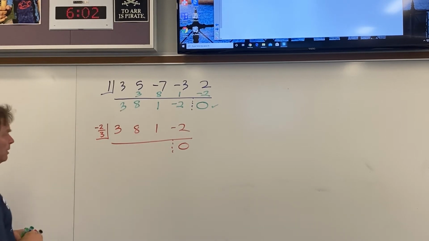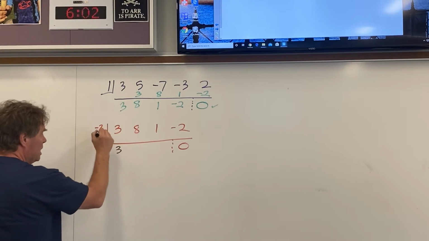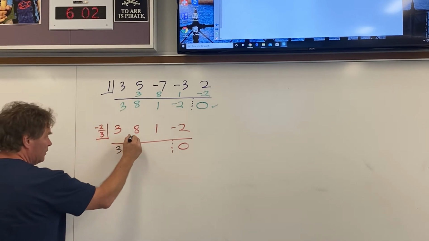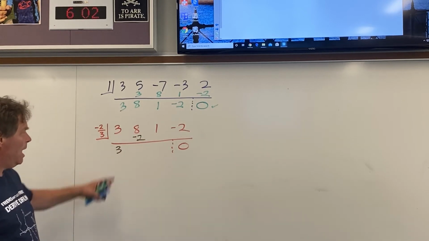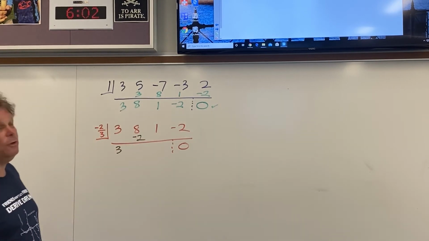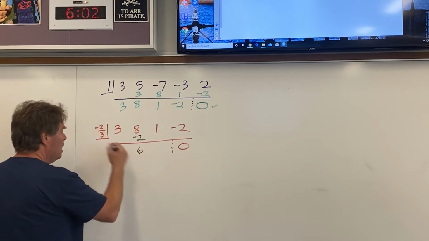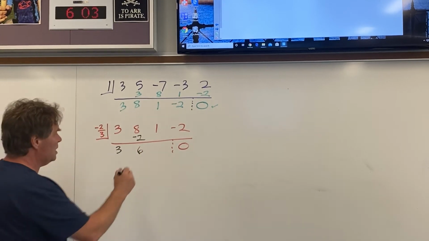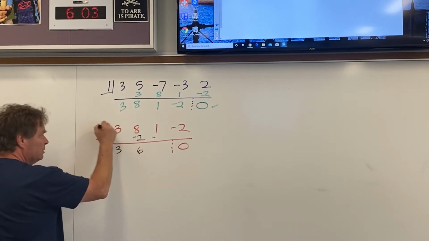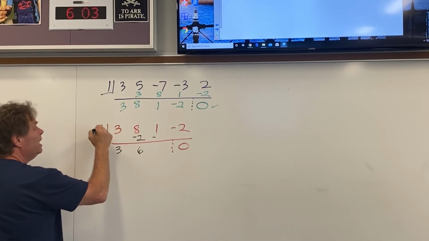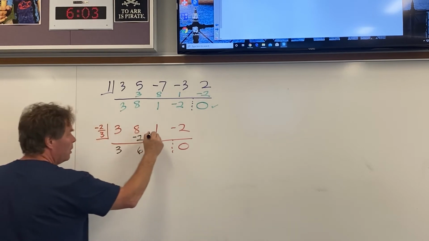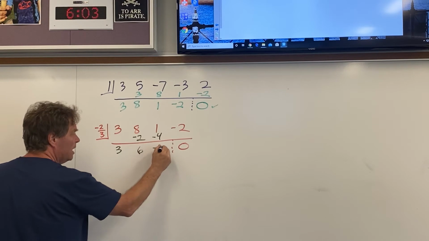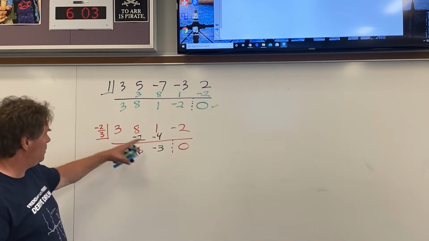So let's bring this 3 down, okay? 3 times -2/3, right? The 3 upstairs and 3 downstairs cancel. I just get -2. Add those together, 8 and -2. That's going to be 6. Multiply those together: positive times negative is negative. 6 times 2 is 12, divided by 3 is 4. So it's going to be -4. 1 and -4 is -3, right? -3 times -2/3.